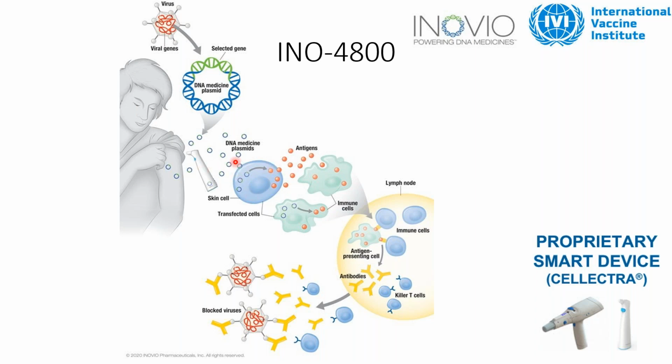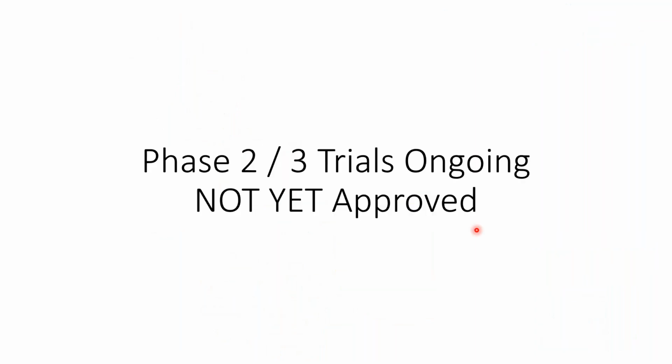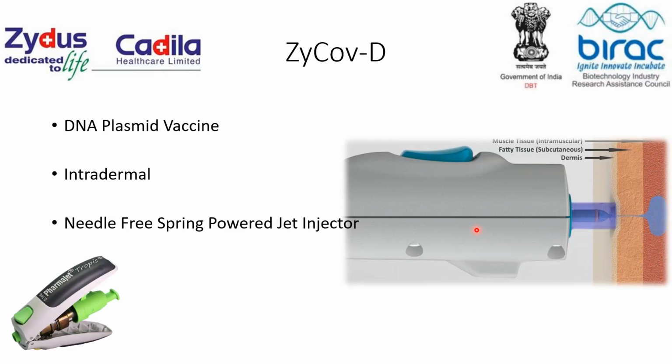This DNA plasmid is given with a small electric current which leads to picking up of this DNA inside the host cells. And then when this is expressed in the host cell, it leads to the immune response. Phase 2 and 3 trials are ongoing.